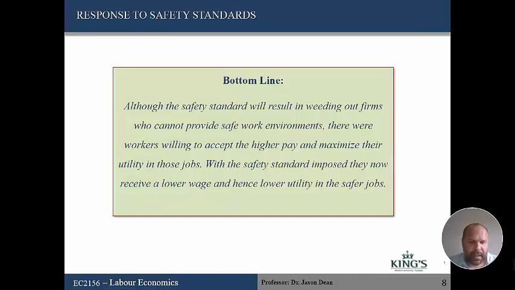However, the workers now are going to be forced to give up wages for extra safety and that may not make them better off. Without government intervention, workers were choosing the wage and safety combination that maximizes their utility. With the safety standard imposed, they now receive a lower wage and hence lower utility in the safer jobs.